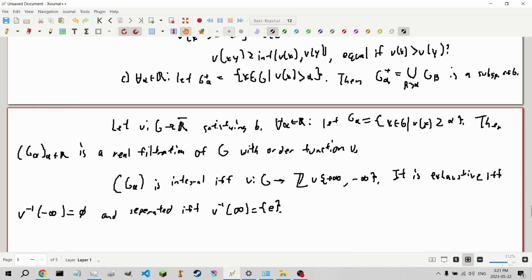Now, let A be an algebra. Sorry, I had to read what exactly I'm going to be doing here.